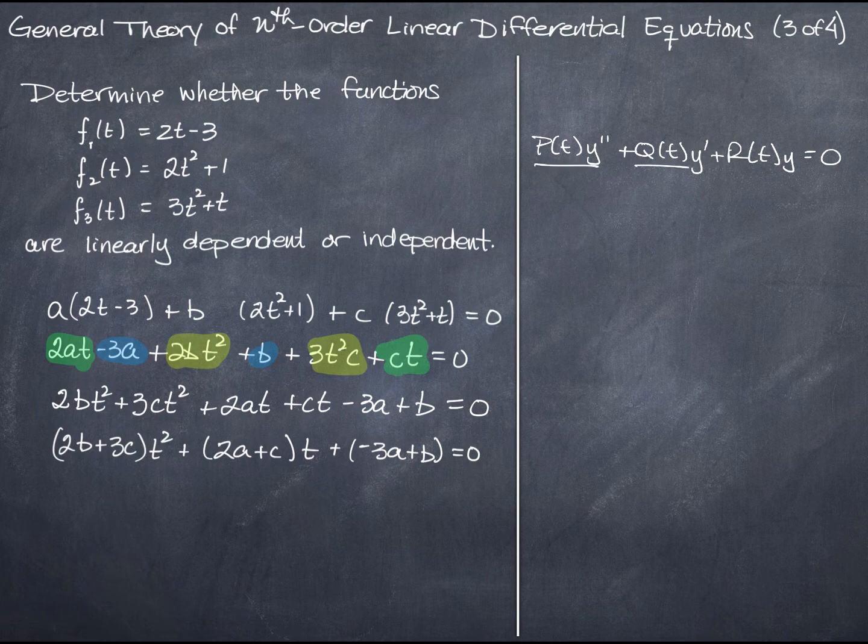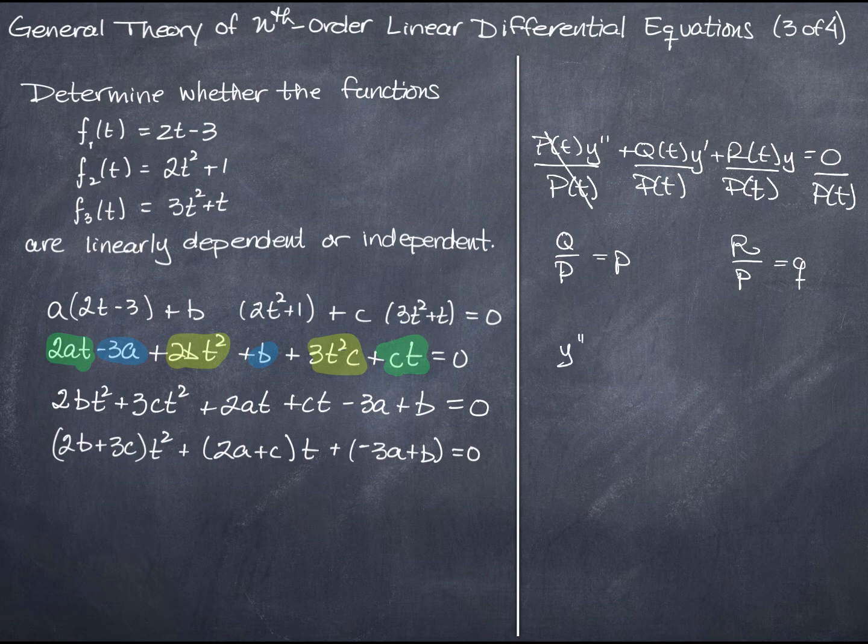If I divide through by P of t, of course I have to divide both sides, that cancels. But if I define Q over P as little p and define R over P as little q, for example, I end up with y double prime plus little p of t times y prime plus little q of t times y equals 0.